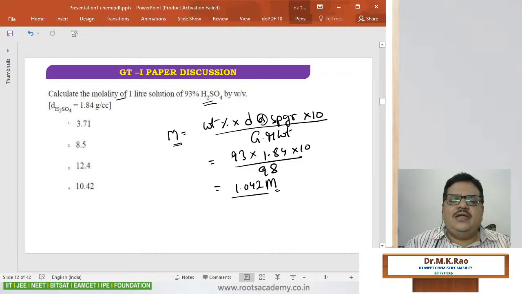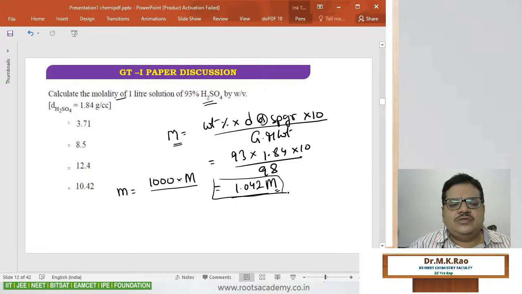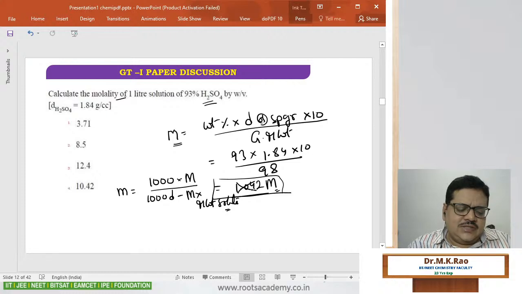We have another formula: molality is equal to 1000 into molarity, this molarity we have to find out, whole by 1000 into density minus capital M into molecular weight of solute. The earlier value is incorrect. Okay, I will solve the question. See, because it is a shortcut formula.